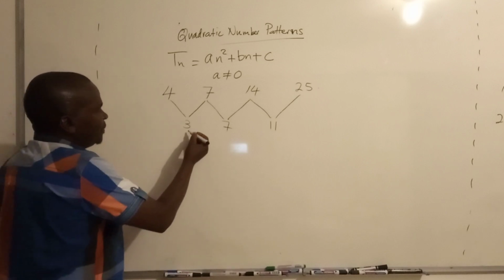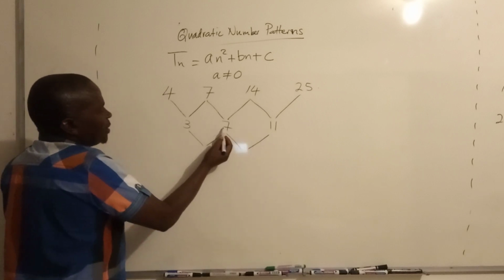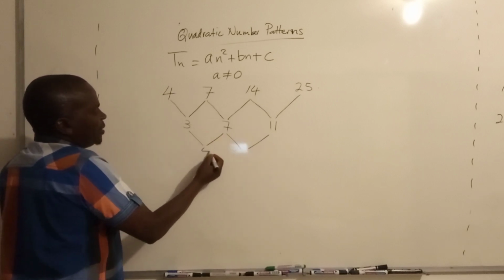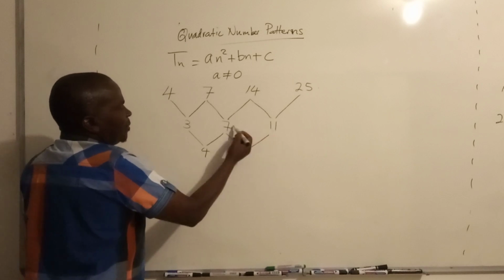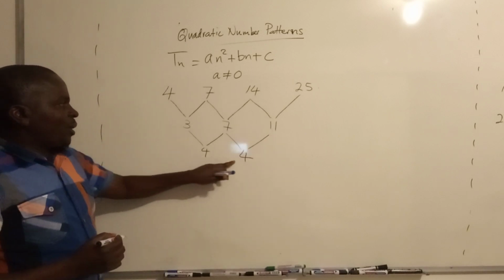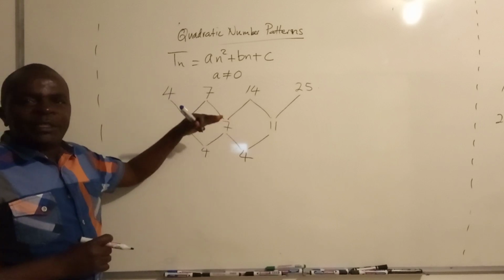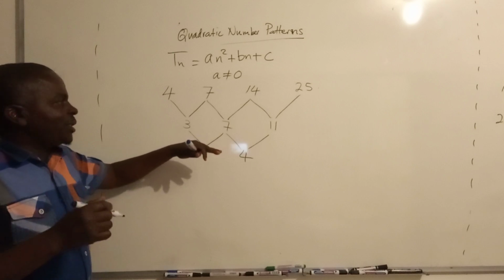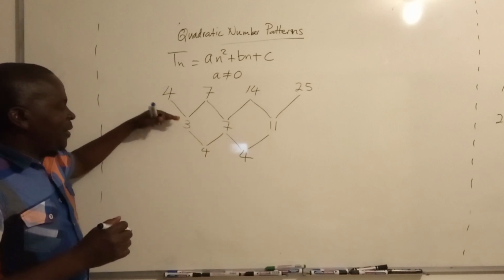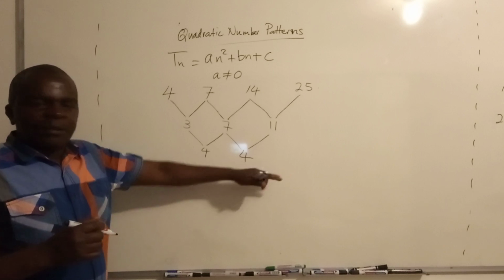Second difference, you subtract again. 7 minus 3, you get 4. 11 minus 7, you get 4 again. As you can see, these two numbers are equal. This is proof enough that it is a quadratic number pattern. So the condition is that if you subtract first time, second time, you must get the same answer.